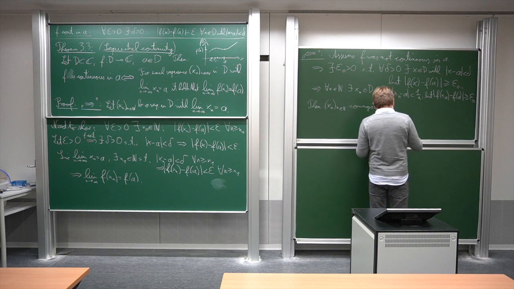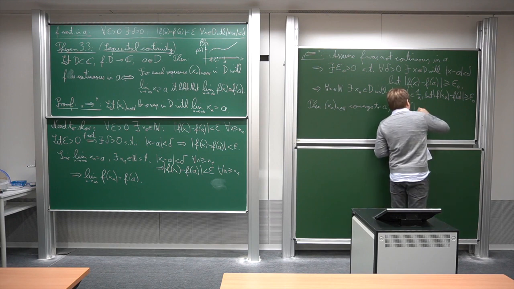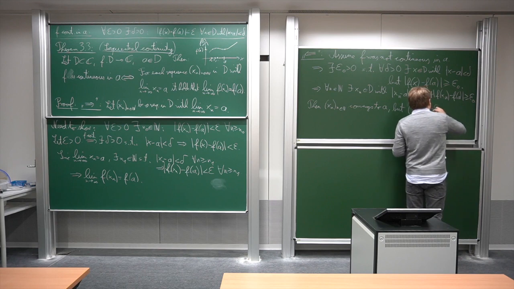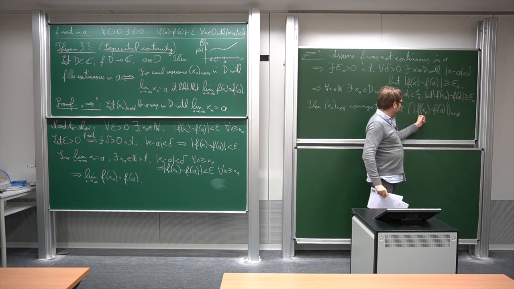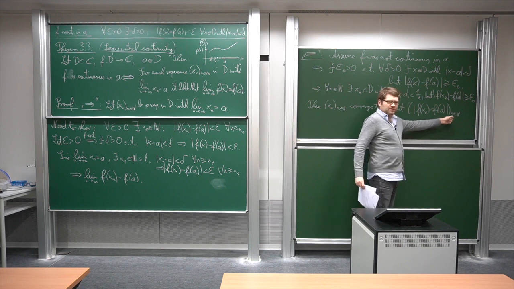Namely, what we would need for continuity is that this sequence here, so if f of xn would converge to f of a, this here would converge to 0.